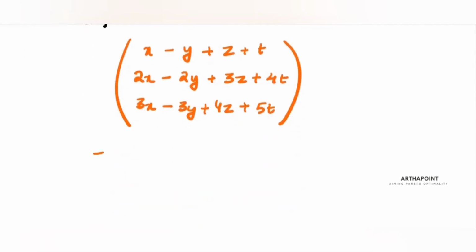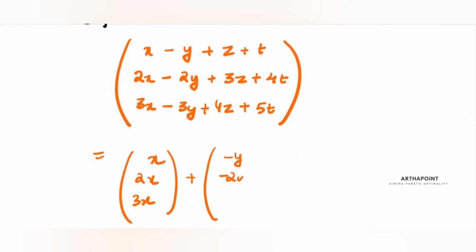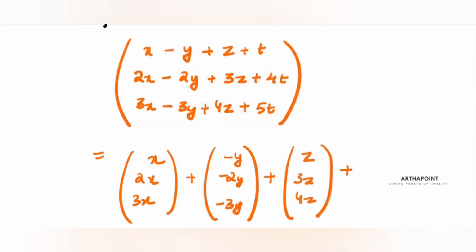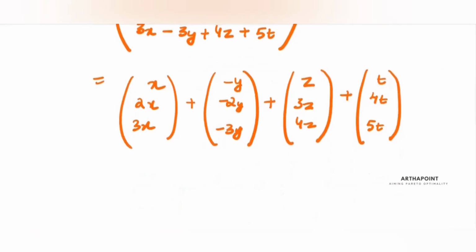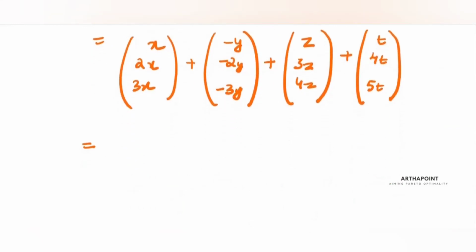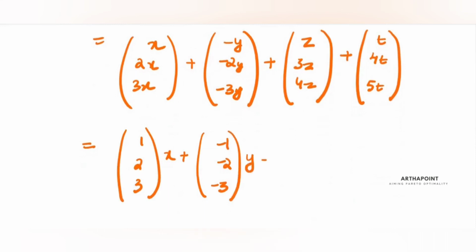Now you know what to do. So you will have x, 2x, 3x, plus minus y, minus 2y, minus 3y, plus z, 3z, 4z, plus t, 4t, 5t. Now, this is going to be 1, 2, 3 of x plus minus 1, minus 2, minus 3 of y plus 1, 3, 4 z plus 1, 4, 5 t.